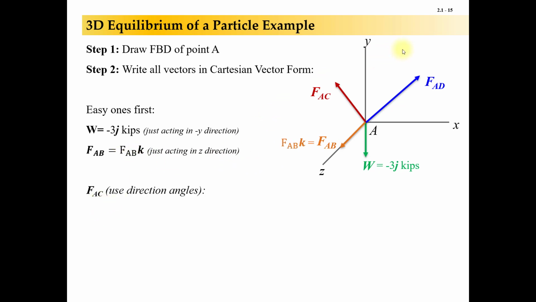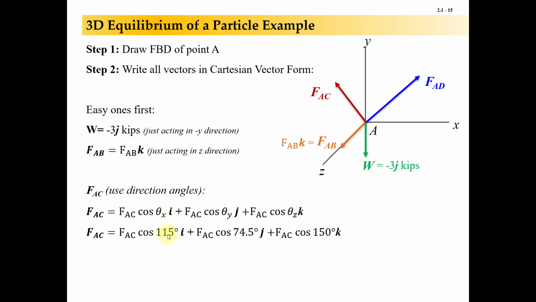And then for FAC, this red vector, we need to use those direction angles. So we know that FAC is going to be equal to the magnitude of FAC times, I've gone ahead and distributed FAC through here, right? This is really the magnitude of FAC times this unit vector here. All right, so theta x was 115, theta y was 74.5, and theta z was 150.